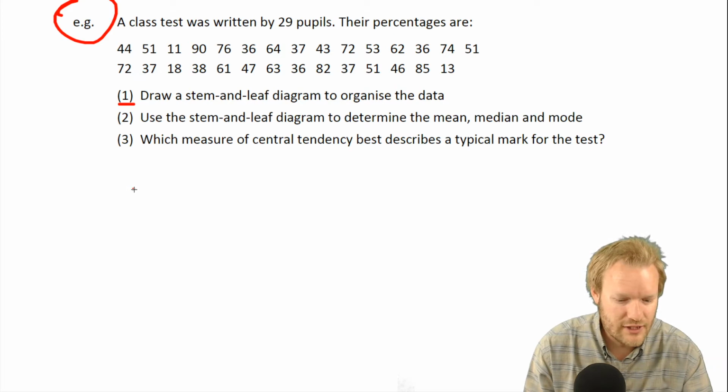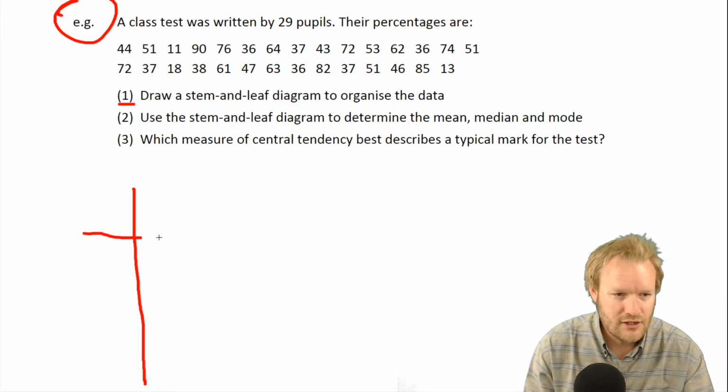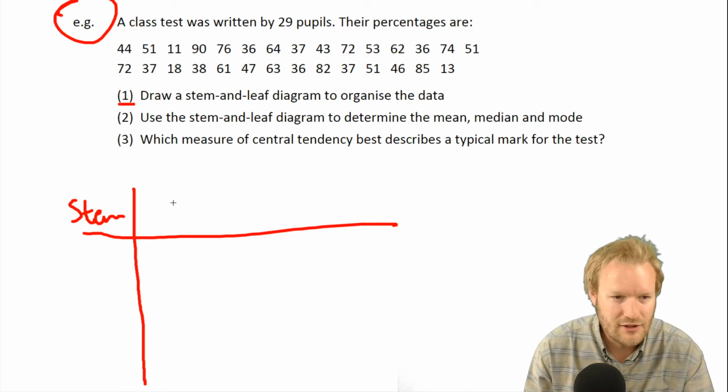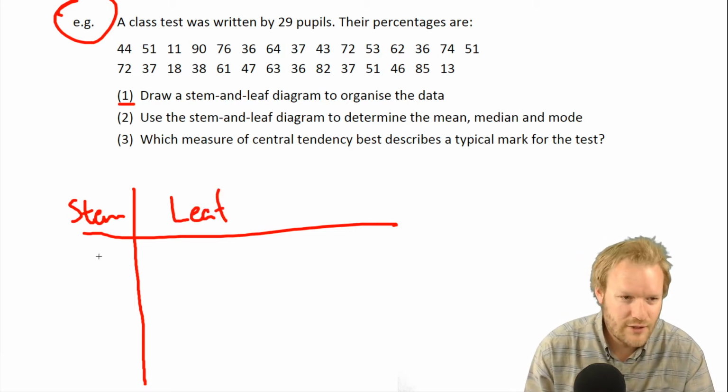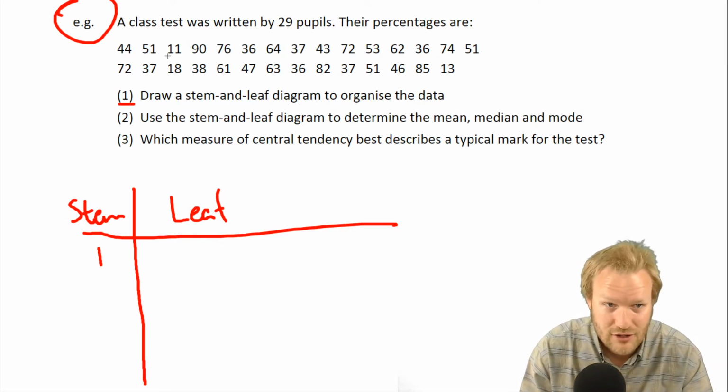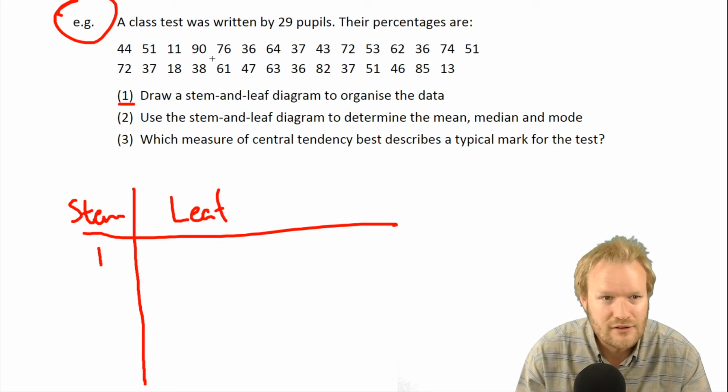And the way that we do that is we write our stems over here, and we're going to write our leaves over here. Stem, leaf. So if we put down all the numbers that are in the tens over here in order, then that's our stem and our leaf. So now we need to look through our data. And we're going, how am I writing 10?